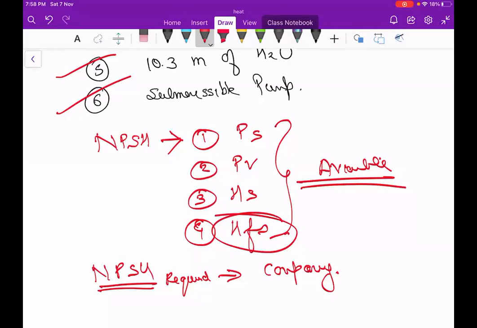No, that will be compressed in the cylinders, or you have to liquefy them.